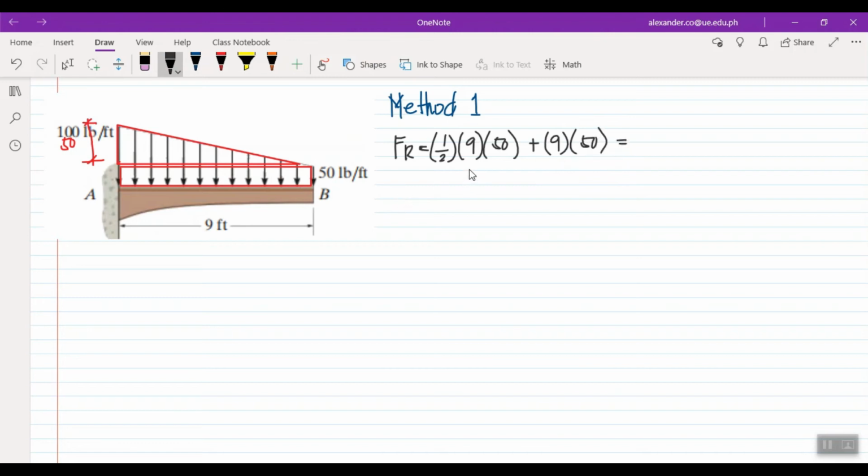The units are in feet, and here it's pounds per feet, so the feet cancel with the pounds. So the answer, using the calculator: 50 times 9 divided by 2 plus 9 times 50, is 675 pounds. I hope I'm right. 675 pounds. Okay? Now the centroid.